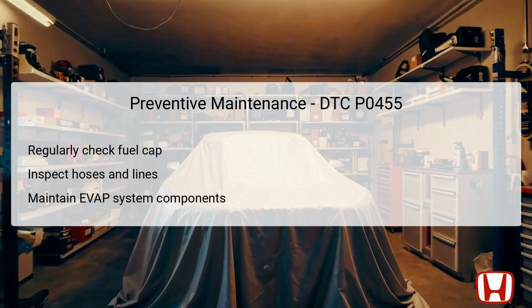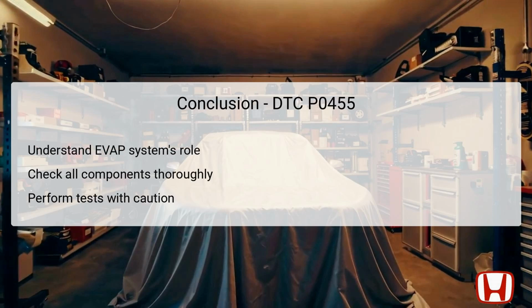Moreover, keeping the EVAP system components well maintained will extend their lifespan and ensure optimal vehicle performance. Awareness of these preventive measures not only helps in maintaining your vehicle, but also contributes to better environmental standards by minimizing harmful fuel emissions.